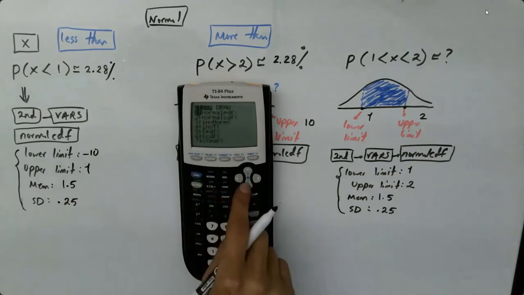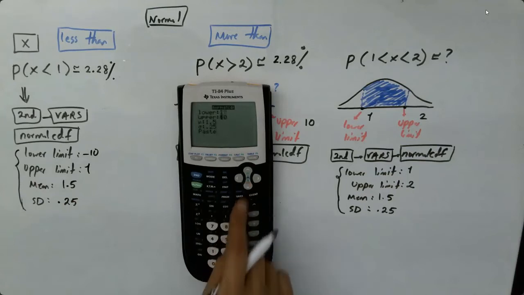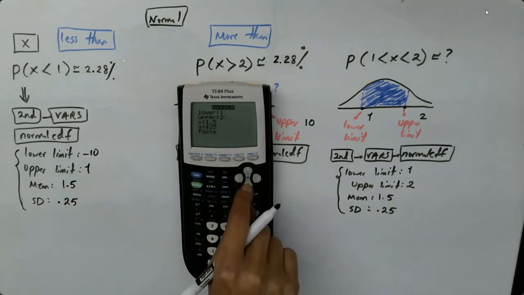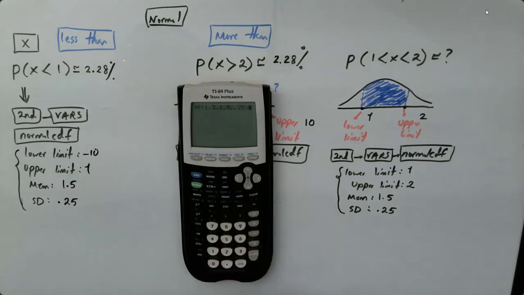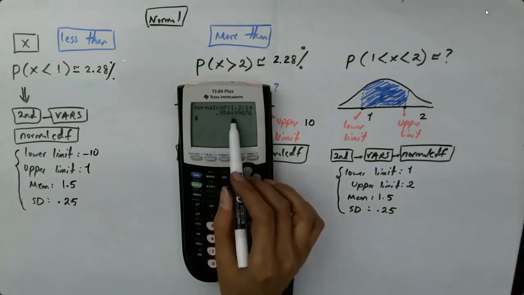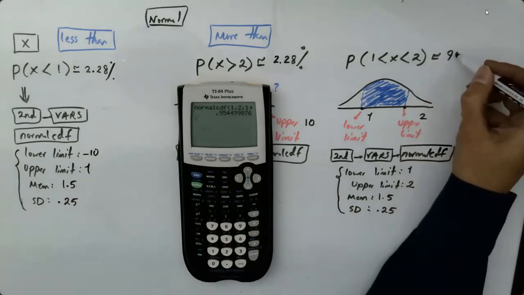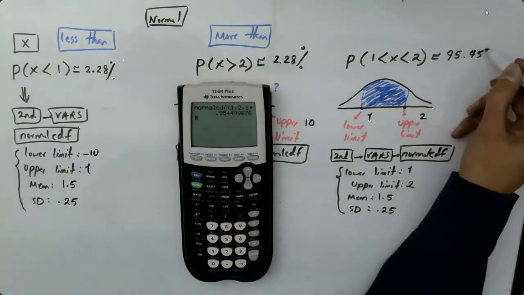Okay, calculator comes to our help. Second bars, normal CDF, lower limit is 1, upper limit is 2, mean is 1.5, standard deviation is 0.25, and paste. Well, I have 95.45%. Approximately, it is 95.45%.